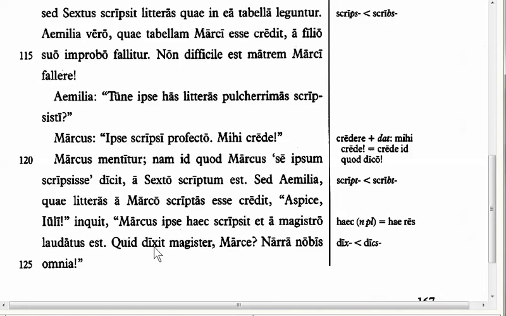The present stem is just dic, and you add the present endings to that: o, is, it, etc. The perfect stem is dix, which is actually just the C plus the S turned into the letter X.